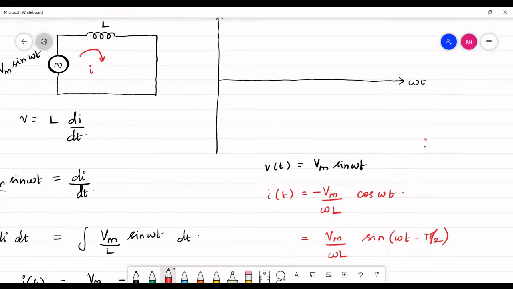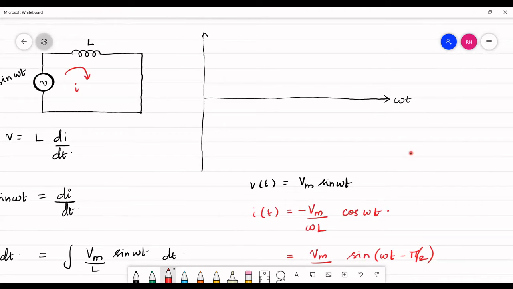So now let me trace the waveform. V of t is a sinusoidal wave with a magnitude Vm. This is V of t. Now let me trace cos omega t first. Cos omega t is going to take a maximum value at 0 degrees, and it is going to be 0 at 90 degrees. So this is going to be the cosine waveform.